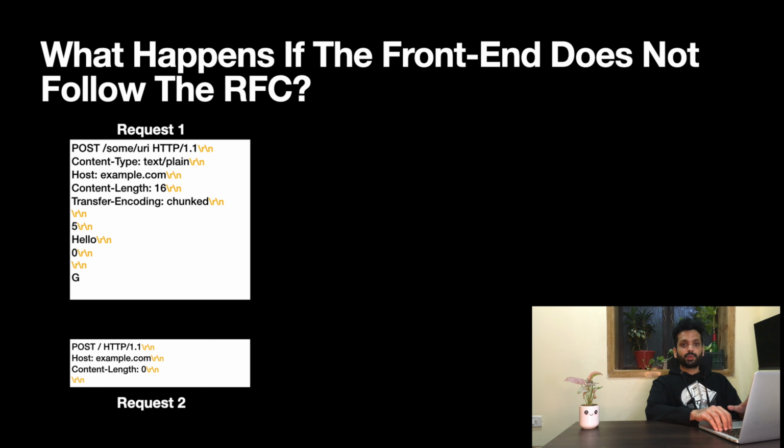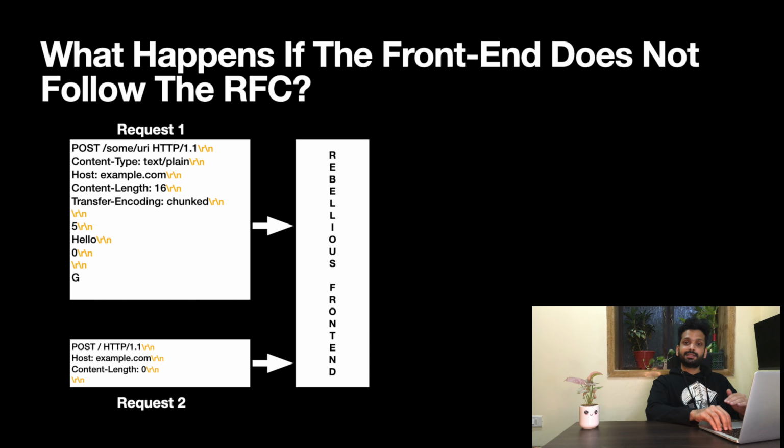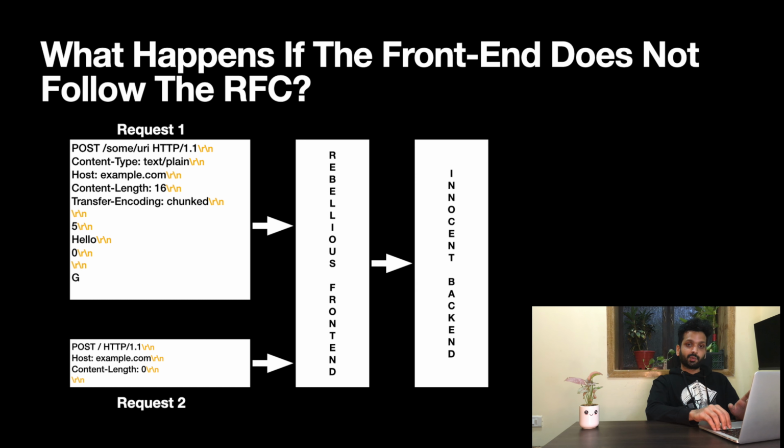Let's say that these requests are being sent sequentially to a front end which does not implement HTTP 1.1 RFC 2616 correctly, and it just interprets the message on the basis of the first header it encounters, which in this case is the content length header. This front end then passes both the requests sequentially over an HTTP pipeline to the backend server.